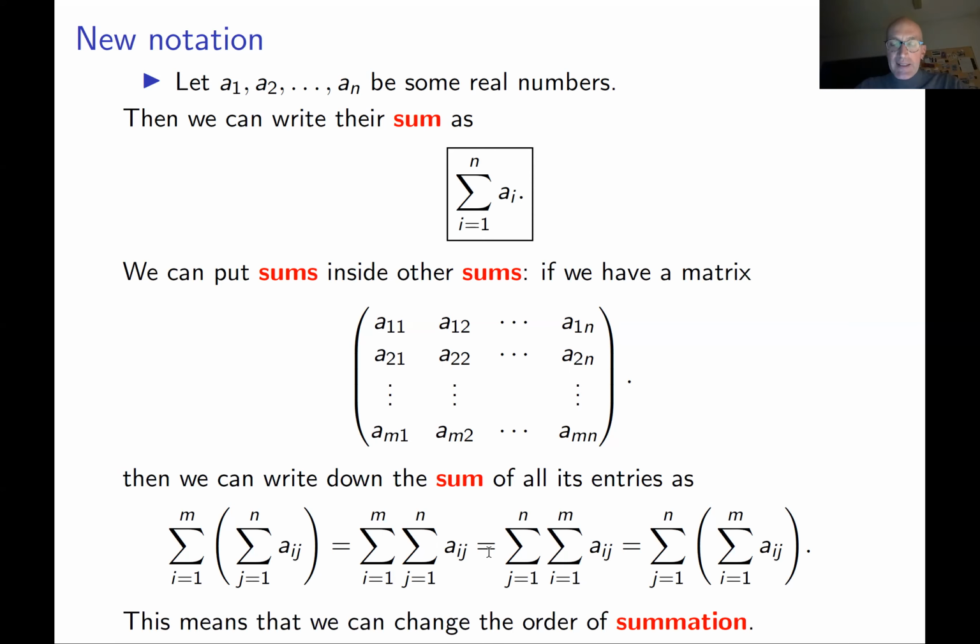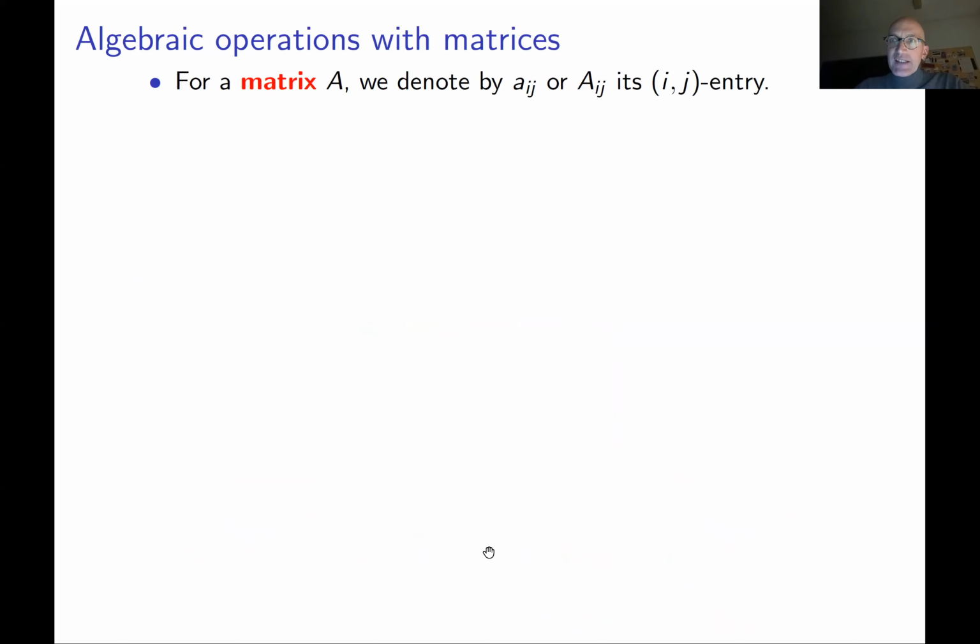Okay, now let us introduce a few basic operations that we can do with matrices. We fix a matrix A, and we denote by aij its ij entry, the entry of this matrix in row number i and column number j.